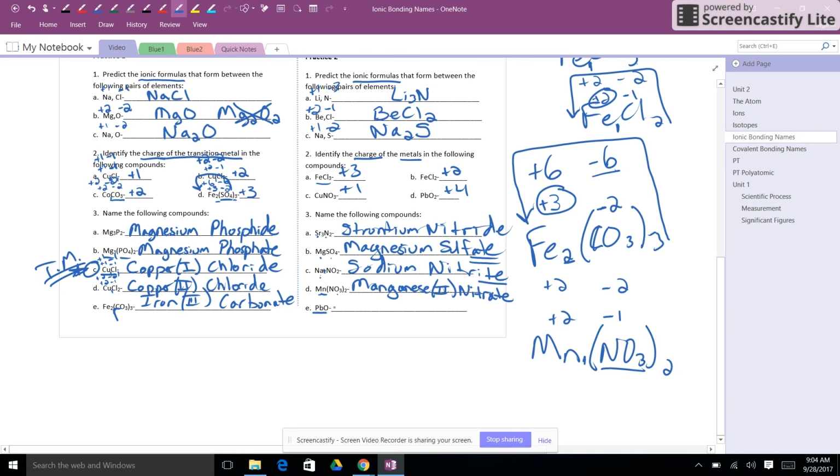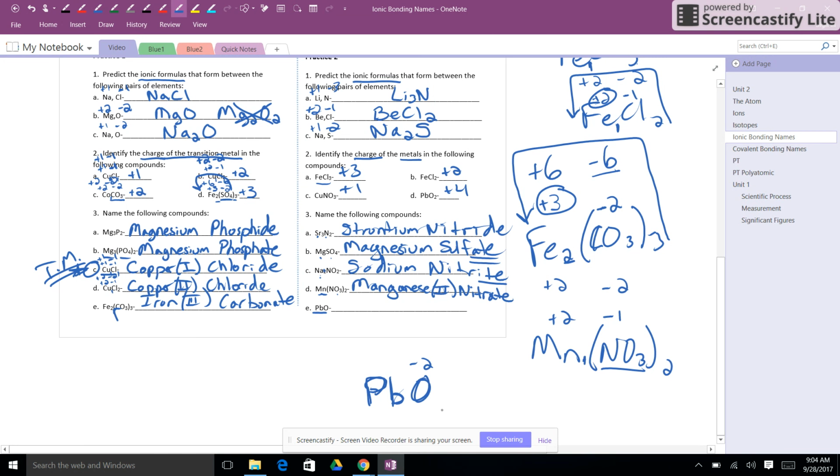Okay, lastly, PbO. In this compound, the oxygen is a -2. And again, I need to find the Roman numeral for this because lead is one of the metals. It is a main group metal, but it's on that lower right side, so we're going to want to indicate its charge. And we'll practice when we're going to name those main group ones with a charge or with a Roman numeral.